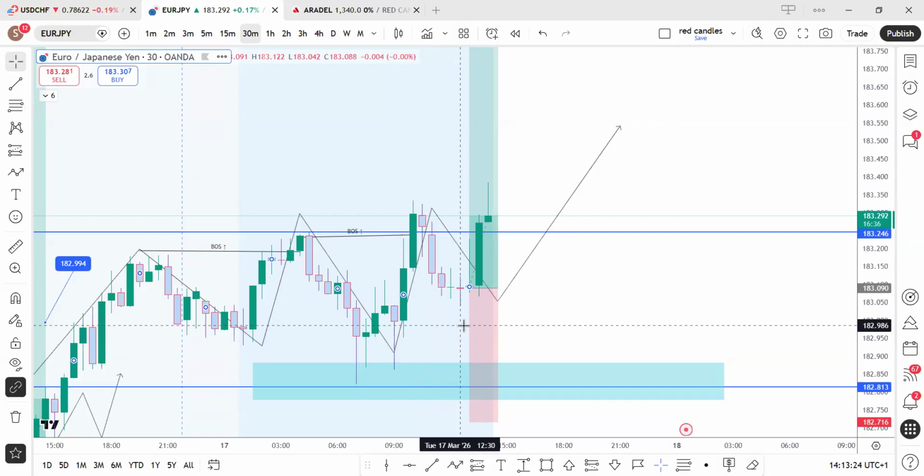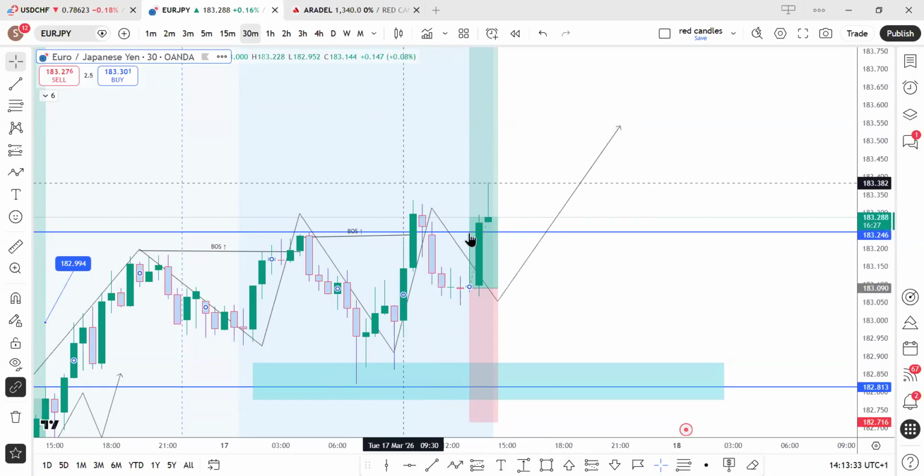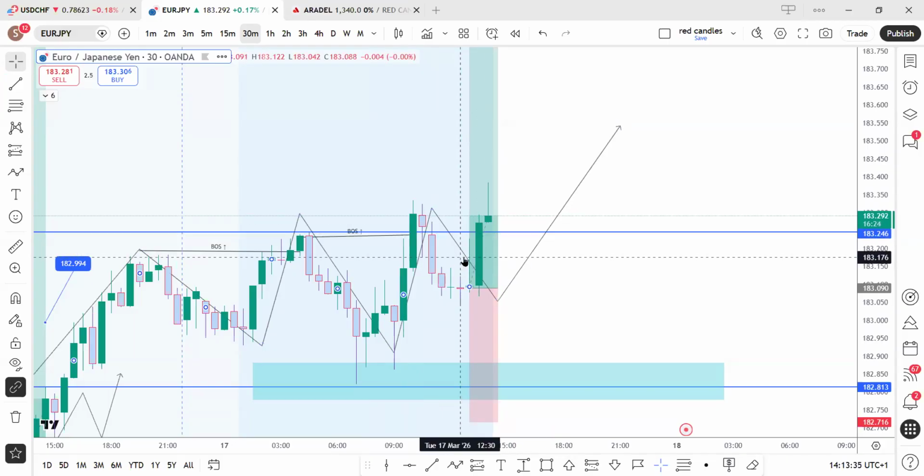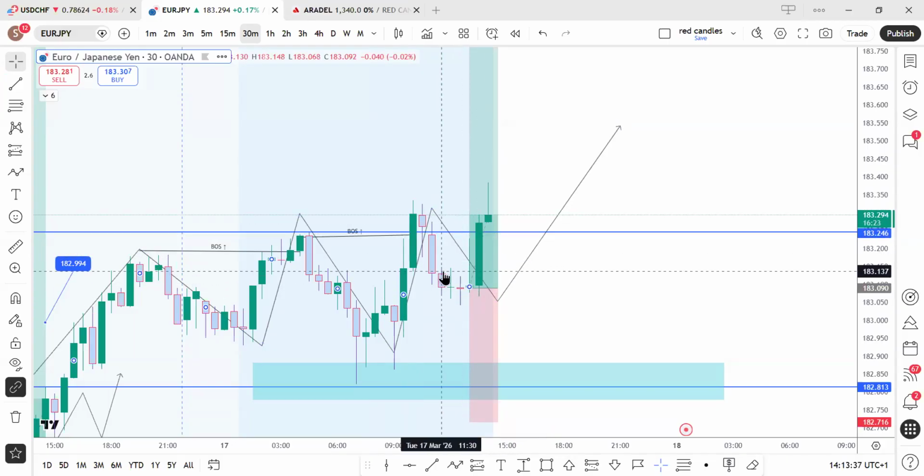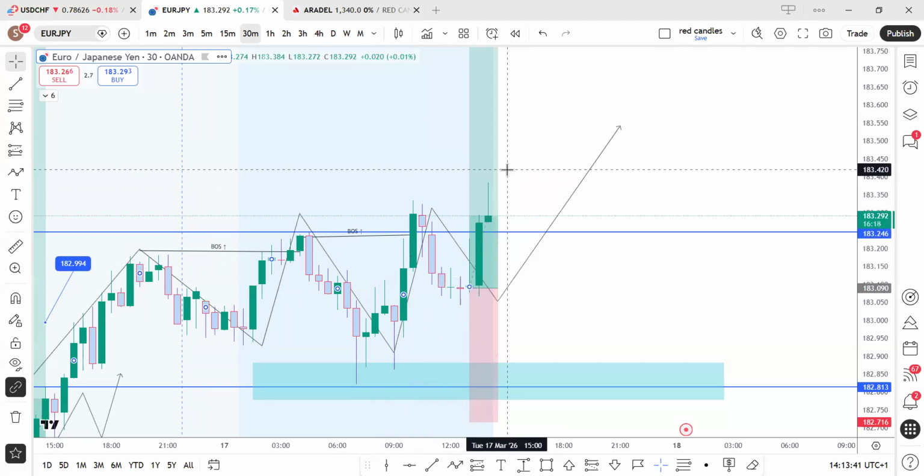So this answers that third question: what must I see price do before I execute a trade? I want to see a pullback, and then on that pullback, I can enter. That will be my entry level, and then I'll look for price to continue going up. Potentially, right?